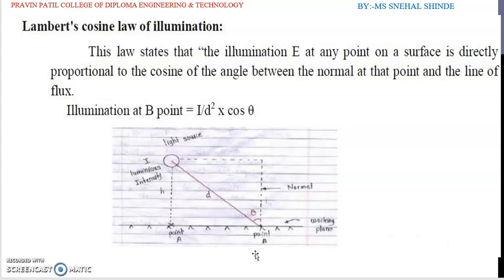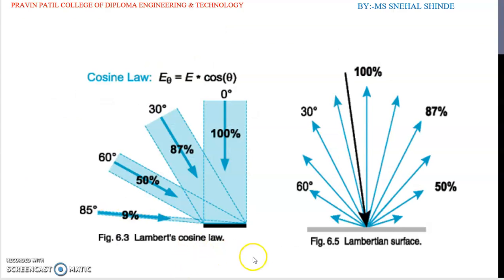So this is Lambert's cosine law, that is the illumination at any point on a surface is directly proportional to the cosine of the angle between the normal at that point and the line of flux. So here is Lambert's cosine law: E theta equals E cos theta.